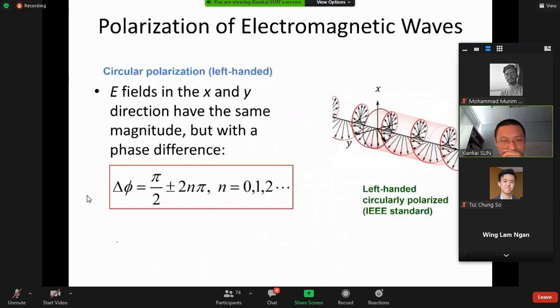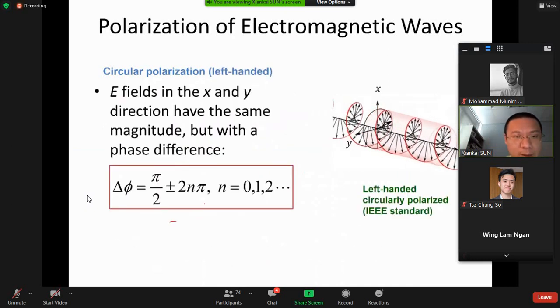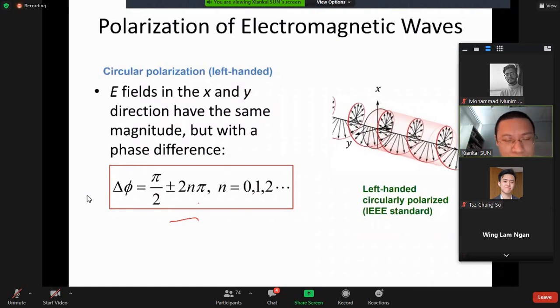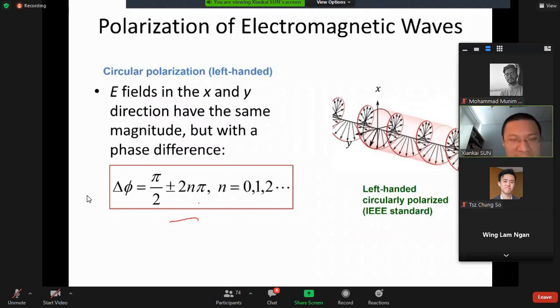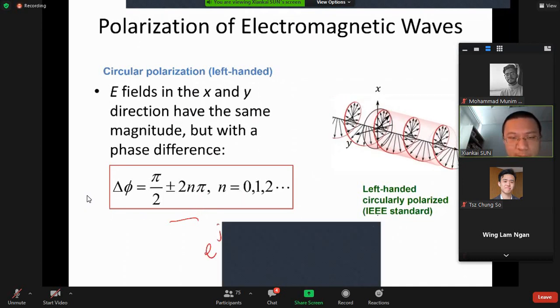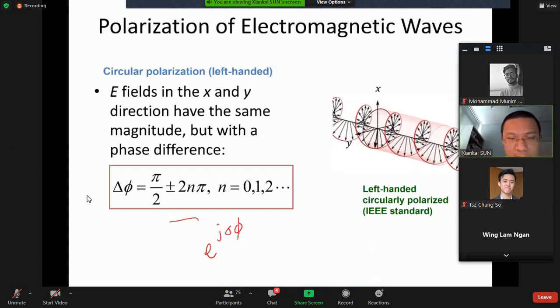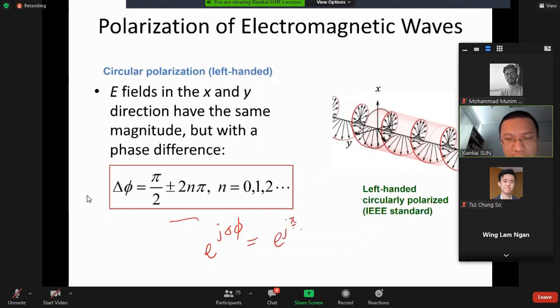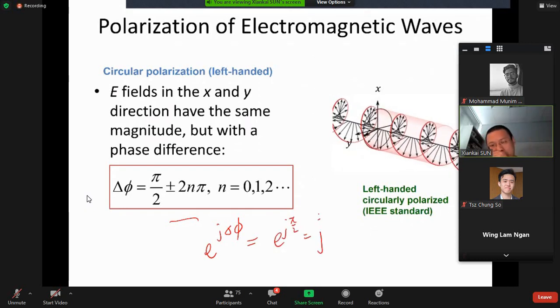Next, if delta phi is equal to pi over 2 plus or minus 2m pi, then you can tell that e to the j delta phi will become j, right?